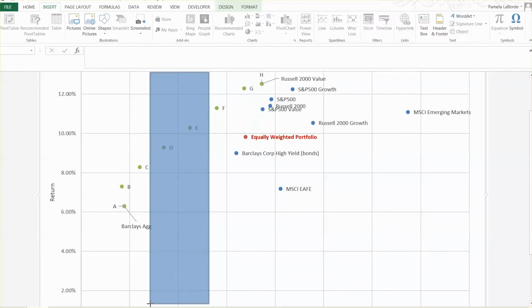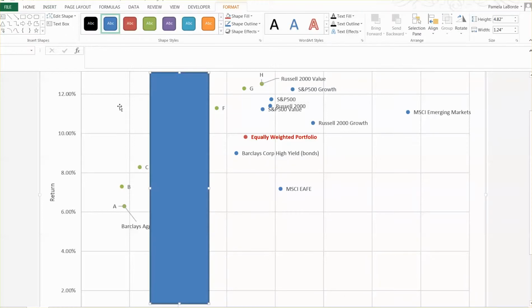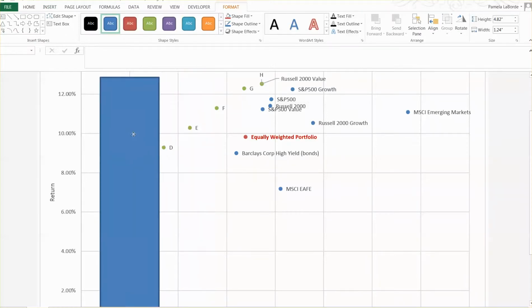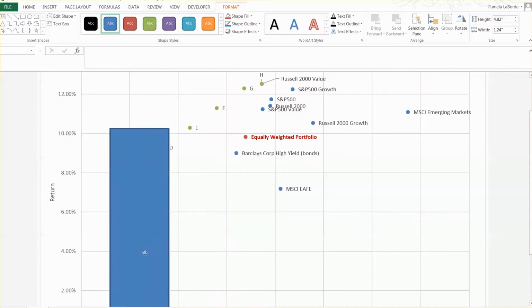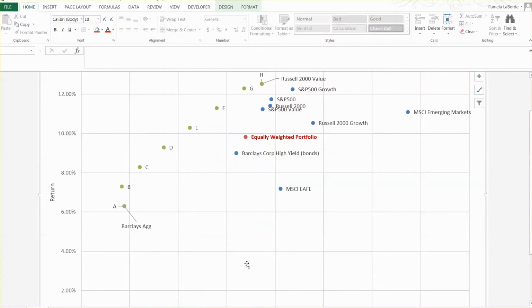So they're moderate risk takers. But there might even be other people who are even more risk averse and they want their risk to fall in this range. So they would only want points B and C. Other people might be willing to go with D, E, and F. And other people, the real aggressive risk takers, would go with G or H. And there are different weighting schemes for each of those green dominant points.